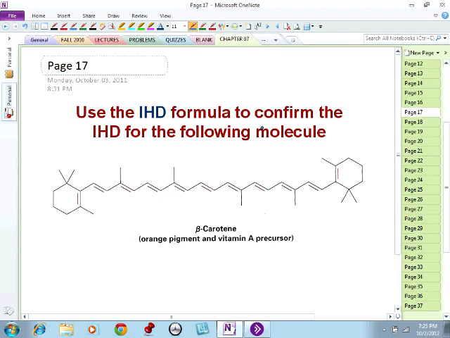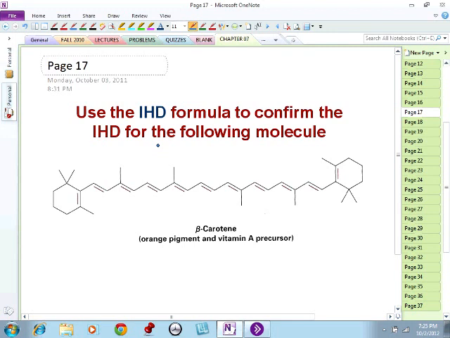Let's do this and we go home. Okay, but this is easy. So supposing I ask you to give me the index of hydrogen deficiency of this molecule. You don't need the formula, you already have the molecule.